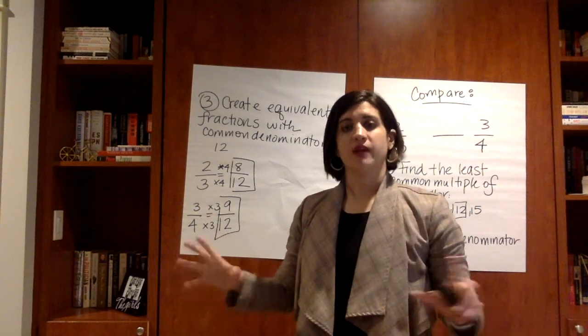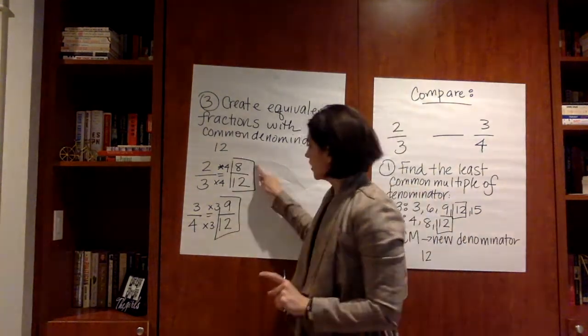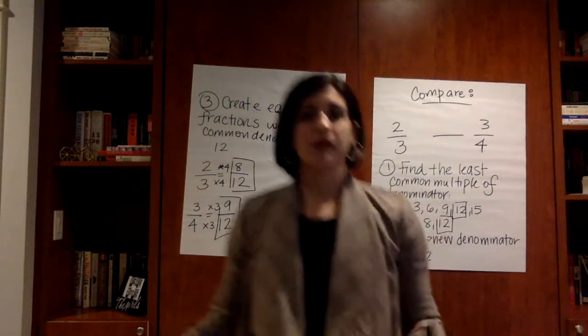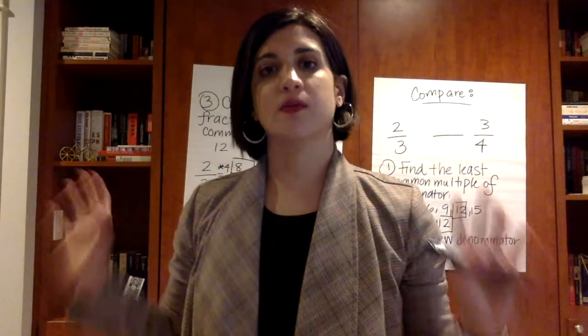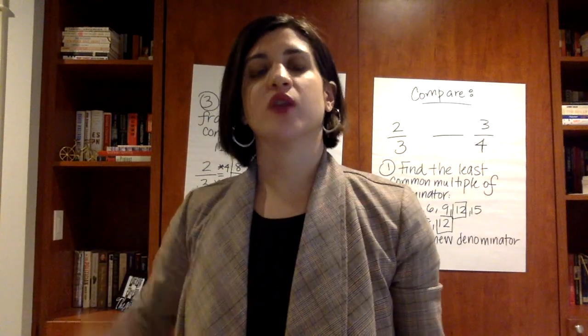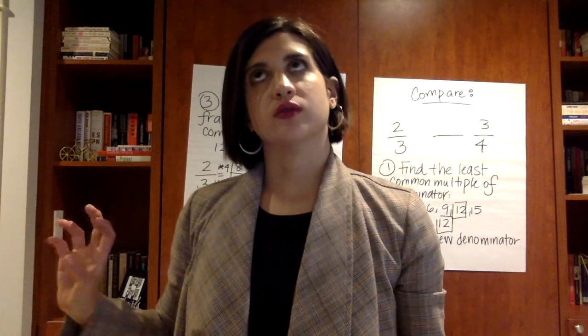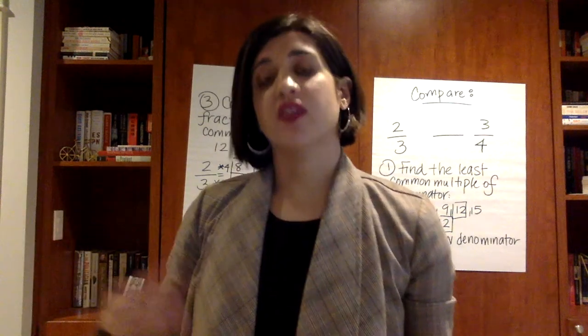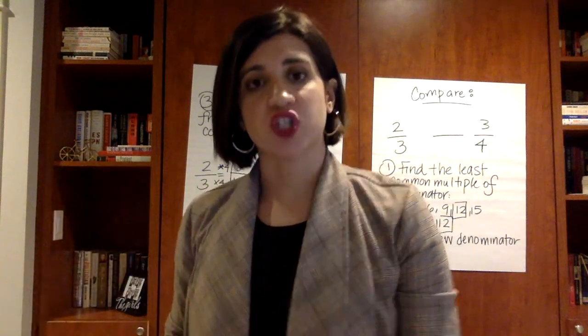So now I've met my goal of creating fractions with a common denominator, which then allows me to compare them. But in order to compare them, I need to make sure I understand which one is bigger, greater than, or less than the other one based on the relationship.